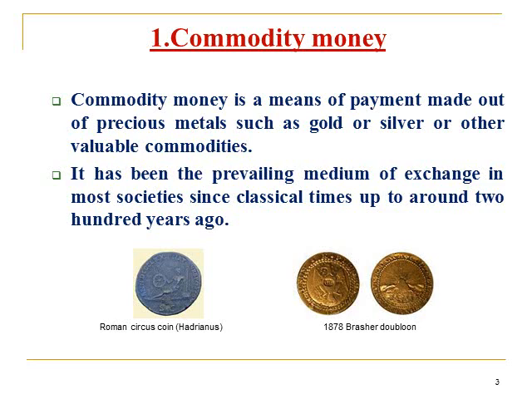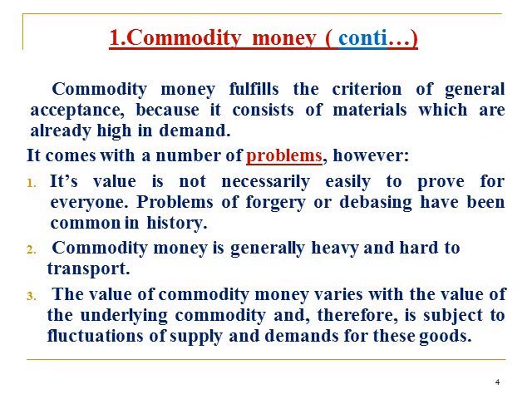Now we move to slide 4. Continued commodity money. Commodity money fulfills the criterion of general acceptance because it consists of materials which are already high in demand. But there are some problems when we use the commodity money.